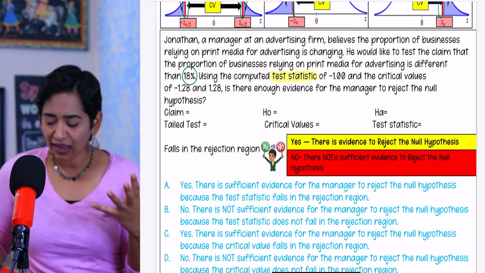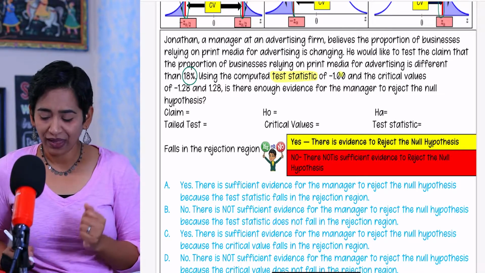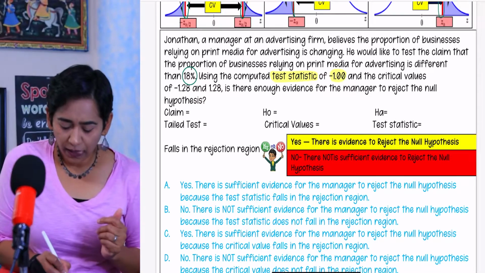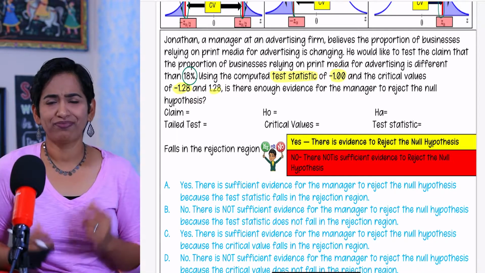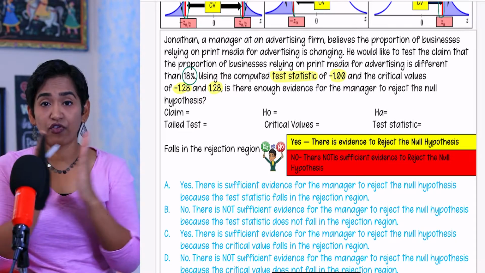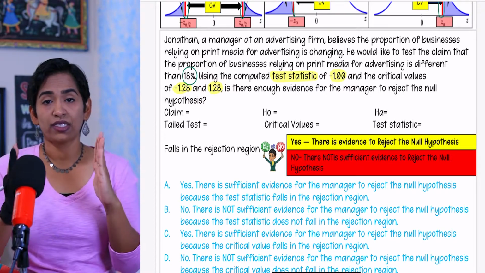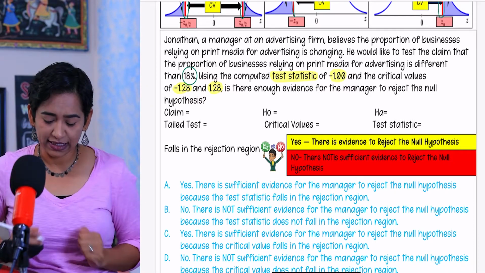So he did the math and he got his test statistic as -1. And the critical values are -1.28, +1.28. How do I know there are two? Because it says it's different. When it's different, it's not equal to. When it's not equal to, I have one on the left-hand side and one on the right-hand side.